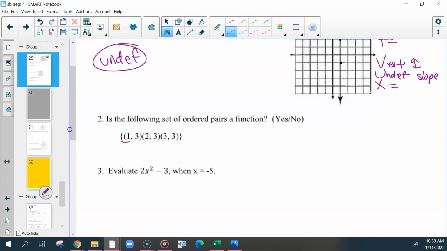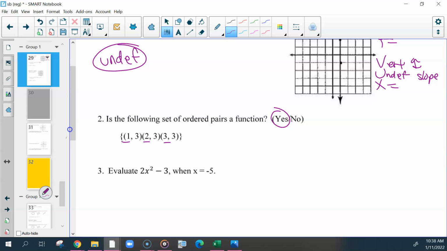Here we have a 1, a 2, and a 3. Because all of our x's are different, this is a function. If I had a 1 and another 1 and they both went to 3, that would still be a function because the y's aren't different. But if I had a 1 going to 3 and to 2, that would not be a function because they're going to 2 different y's.